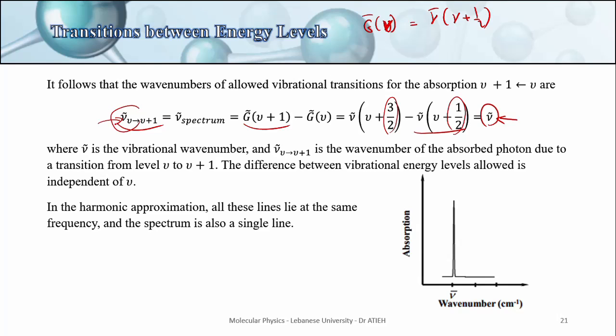This nu bar is the wave number of the absorbed photon when we go from level nu to nu plus 1, whatever level we go in: from 0 to 1, from 1 to 2, from 2 to 3, from 3 to 4, etc. So we can see that the wave number of the absorbed photon when we go from level nu to level nu plus 1 is independent of nu.